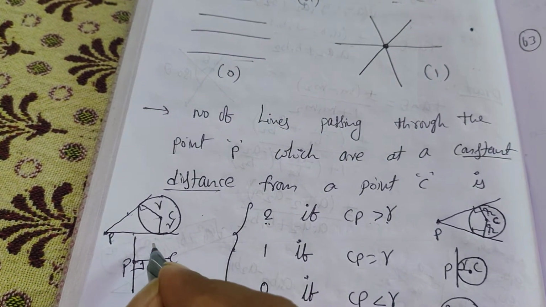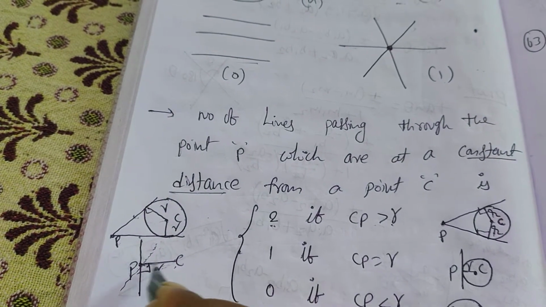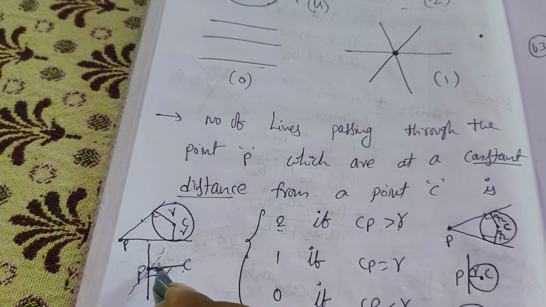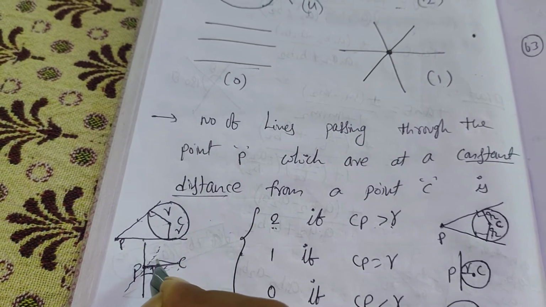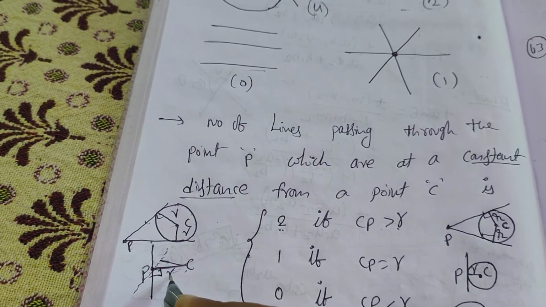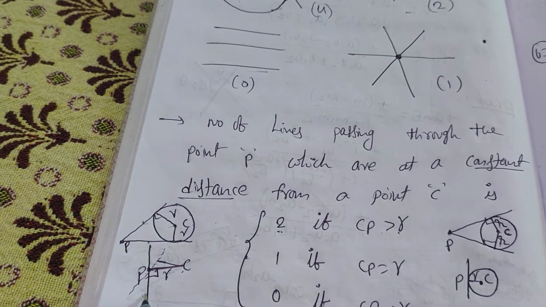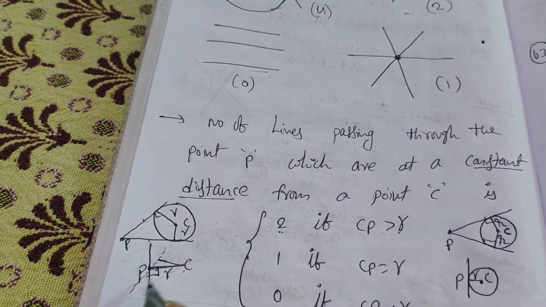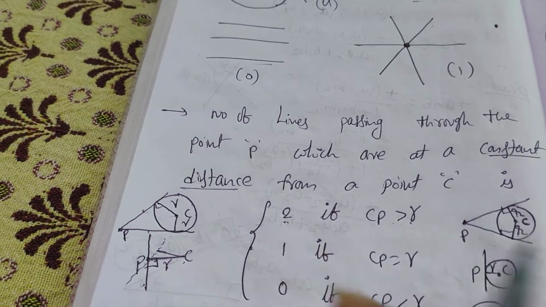If you want to draw one more line, it will never be perpendicular, and the length from C to that line will be less than R. So if CP is equal to R, we can draw only one line.